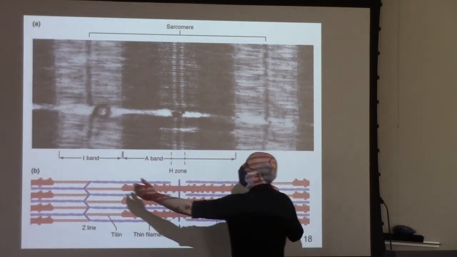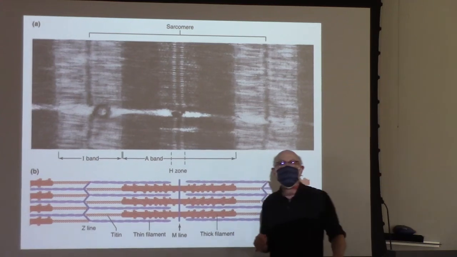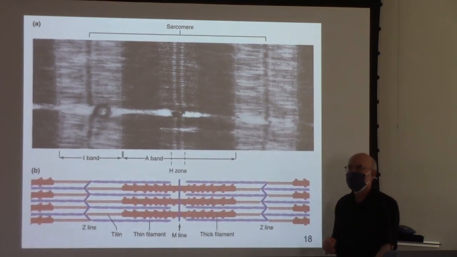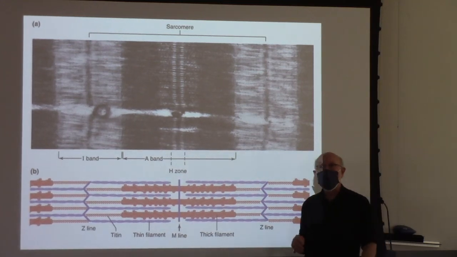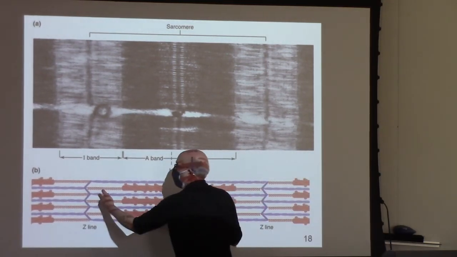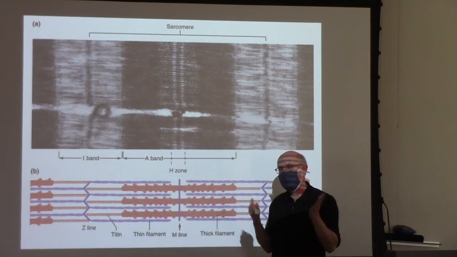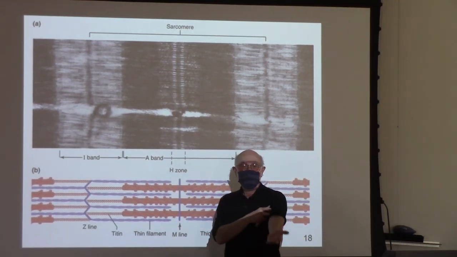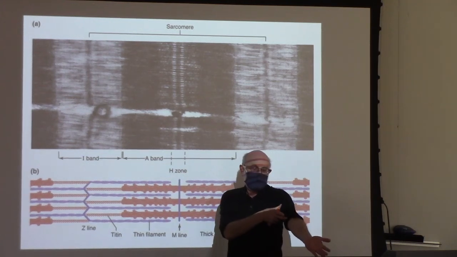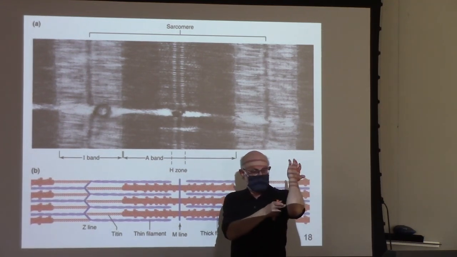From Z line to Z line is called the sarcomere. So the sarcomeres are what's getting shorter. Each sarcomere gets a fraction of a millimeter shorter. Got 1,000 of them lined up. The muscle cell goes from, let's say, 4 inches long to 3 inches long.